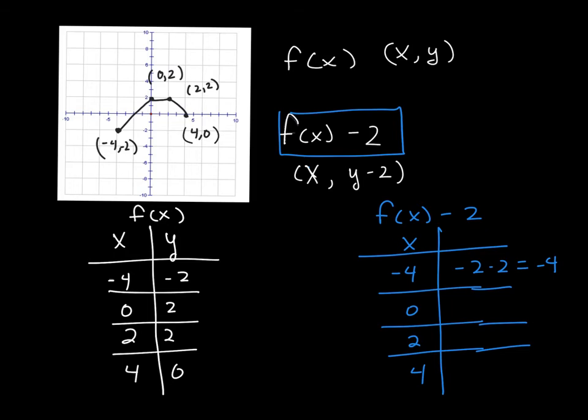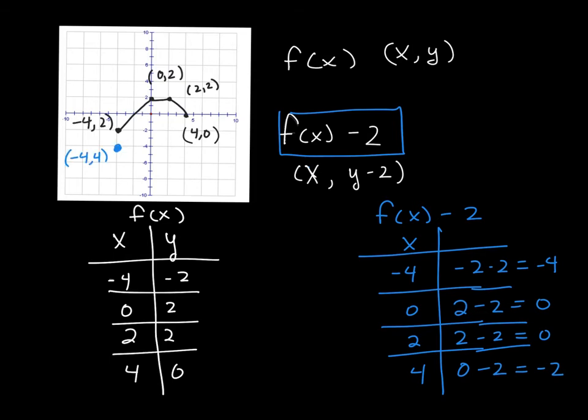My next y value is 2, so 2 minus 2 is equal to 0. The same thing for the next y value: 2 minus 2, which is also 0. And finally, the last one, which is 0, so that's 0 minus 2, or negative 2.